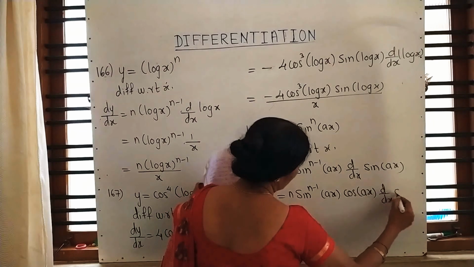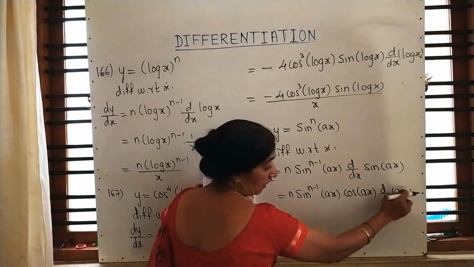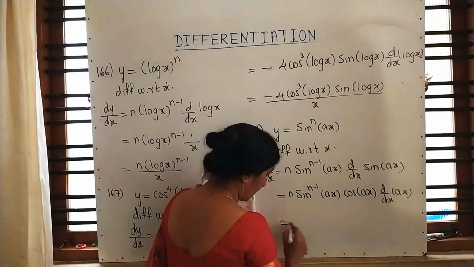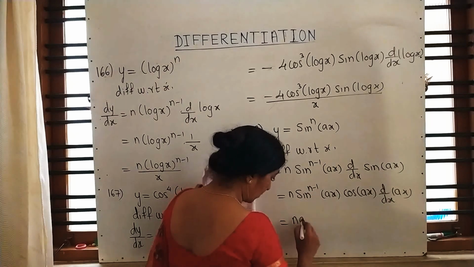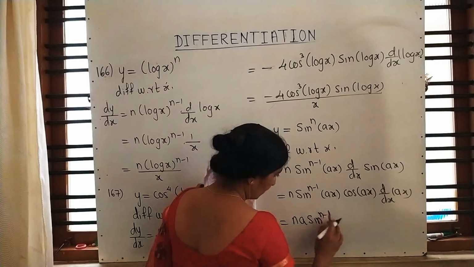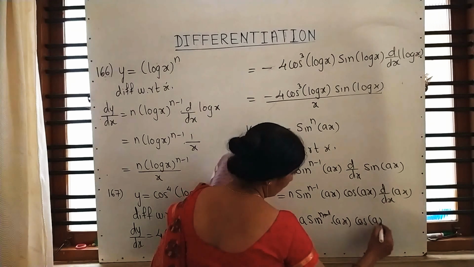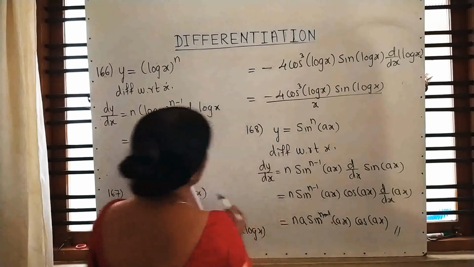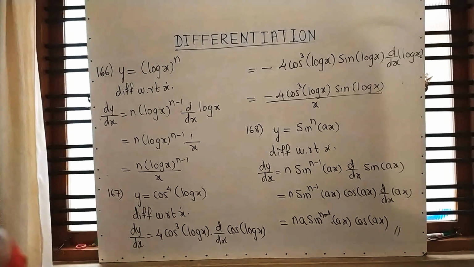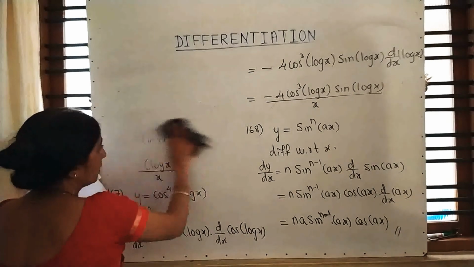Into differentiation of that angle. That angle is ax. A constant x is 1. That's why I am writing n into that a here only, cos ax. Correct or what? So this is the answer. Moving to next question.